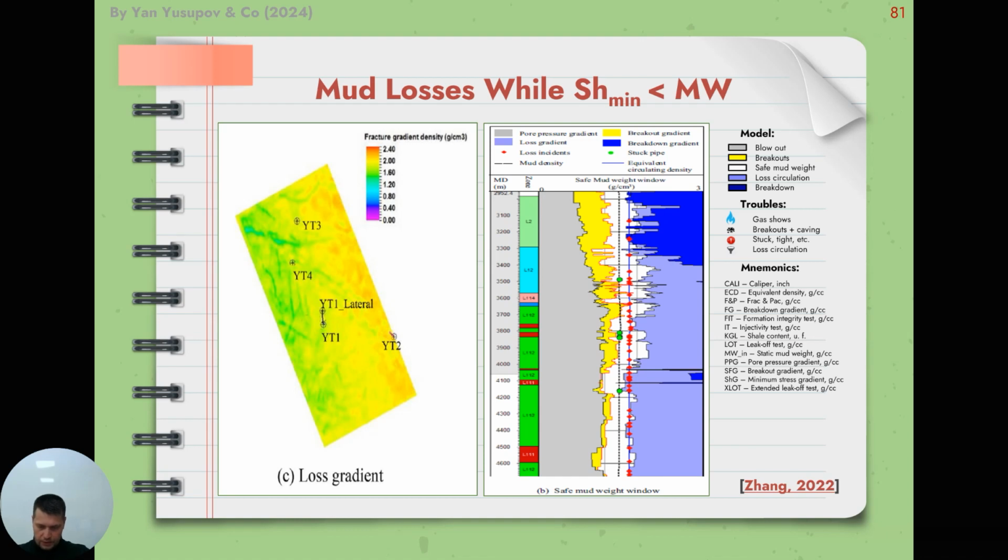Okay, this is one of the works of Jung. He also shows that after increasing ECD more than SHmin, there are very many loss incidents, which is a very bad drilling event, and it can be avoided if you use ECD less than SHmin.